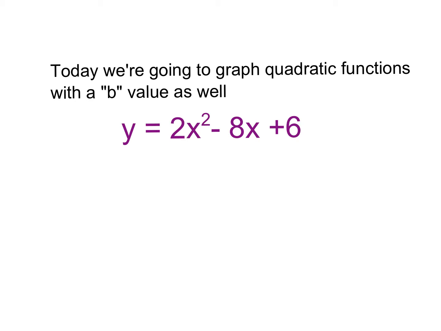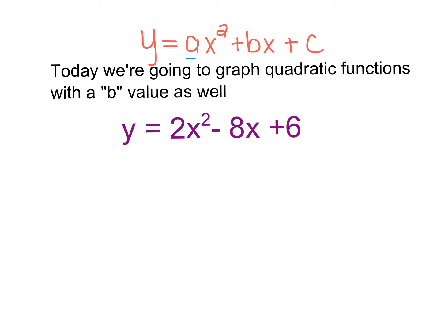A quadratic function that is written in standard form is y equals a times x squared plus bx plus c. This is when we have a quadratic where everything is multiplied out and we've combined all of our like terms.